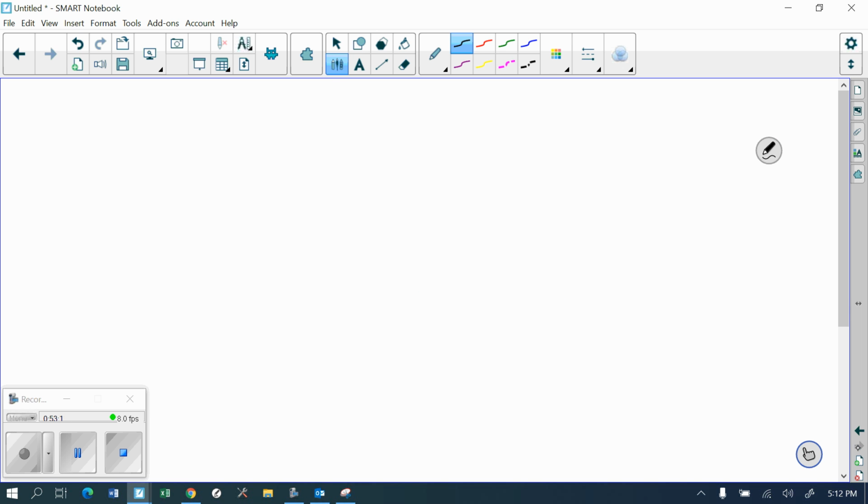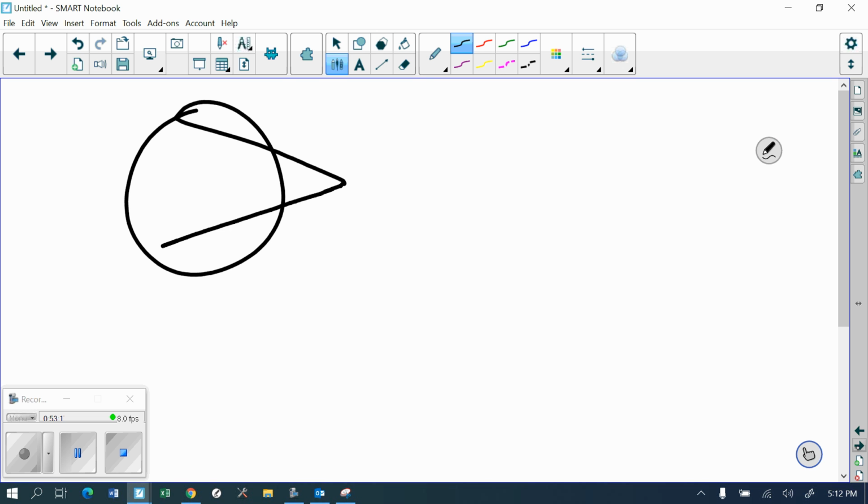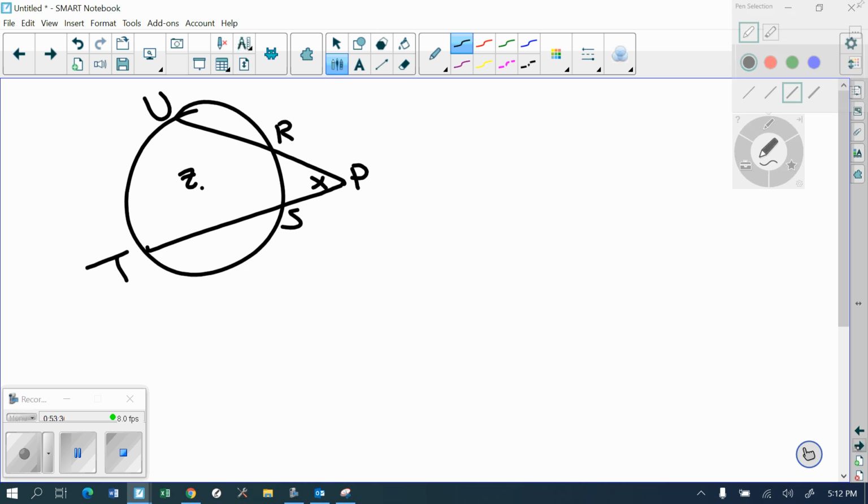Let's see. I could also have 2 secants. We're talking about angle measures now. Call it P, R, S, T, U, circle Z. If I want to find this angle measure, let's call it x right there.